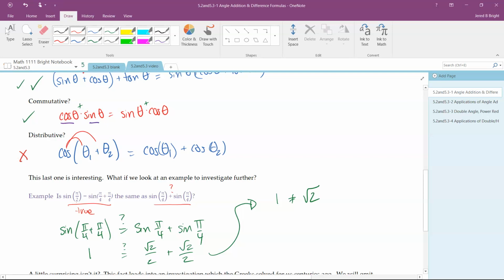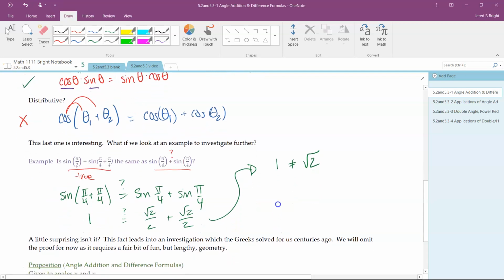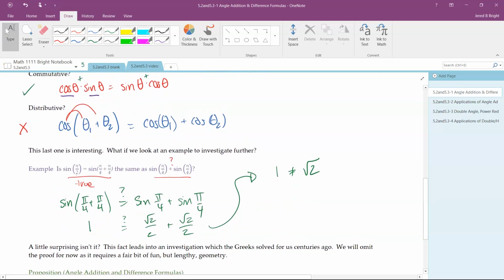But then we can't really use the distributive property, though there's another way to get around this. The Greeks loved geometry and trigonometry. That's where trig actually came from, the Greeks.